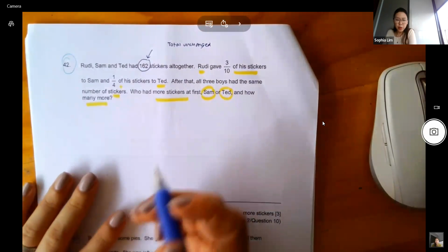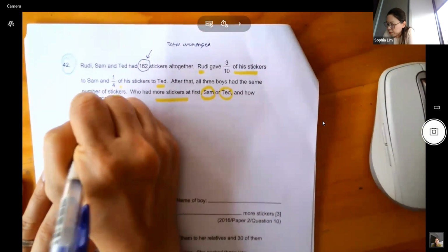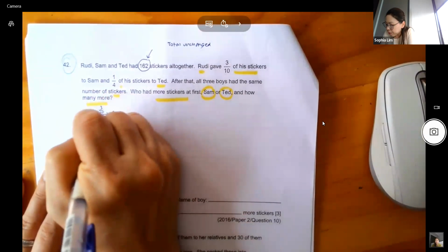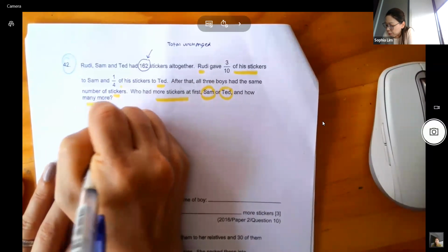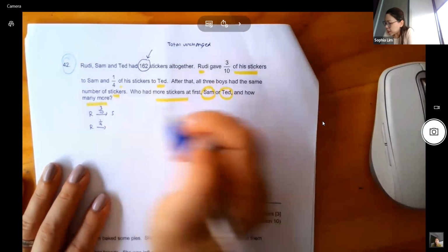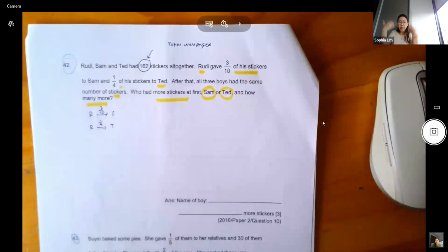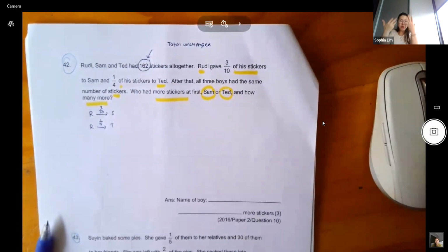But take note, in this question, Rudy is giving 3/10 to Sam. Rudy, from his own number of stickers, is giving 1/4 to Ted as well. In other words, Sam received this 3/10 from Rudy, and Ted also received 1/4 from Rudy.